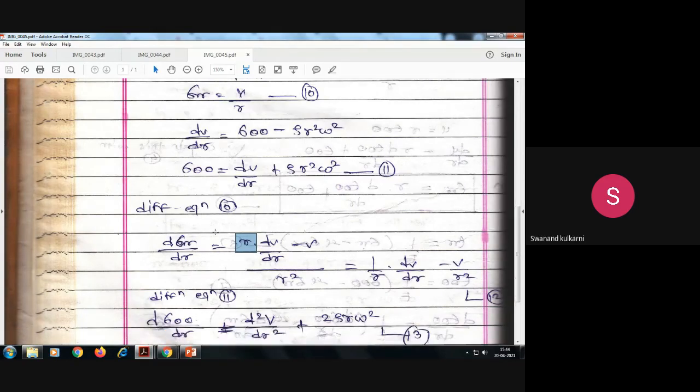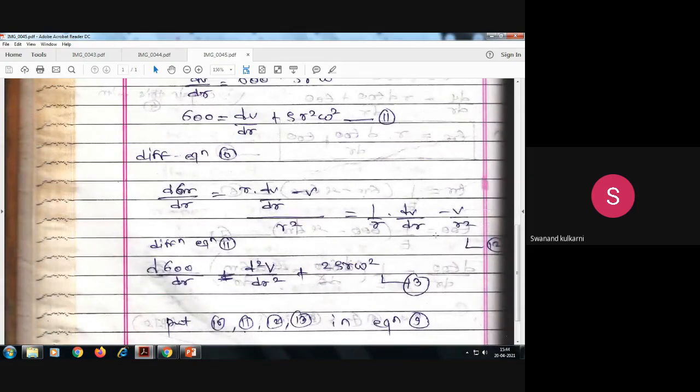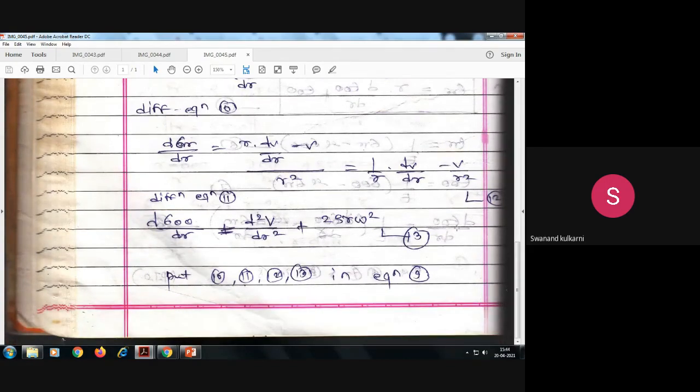Like this we are using here: the denominator term R into dV by dr minus the first function V. Differentiation of R with respect to R will become 1, and here it is R square. Is it okay? So by substituting all these terms and cancelling the common terms, we will get this equation 12.